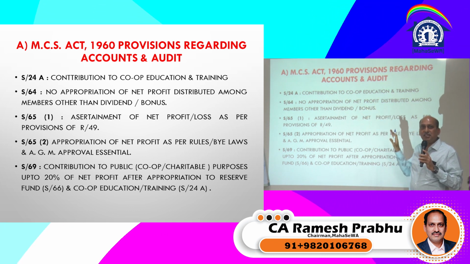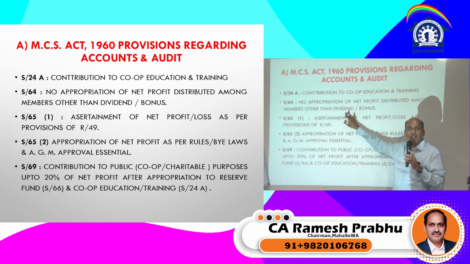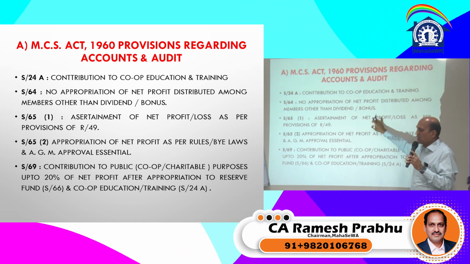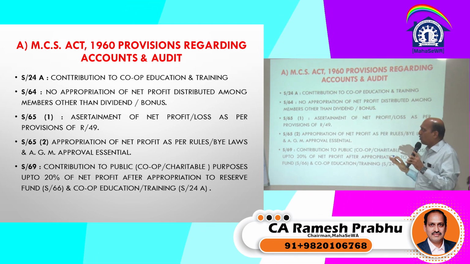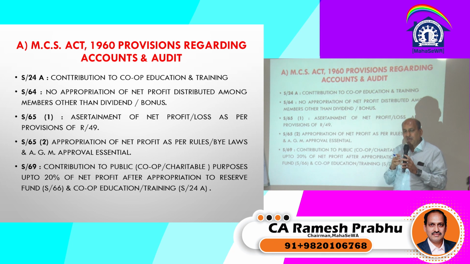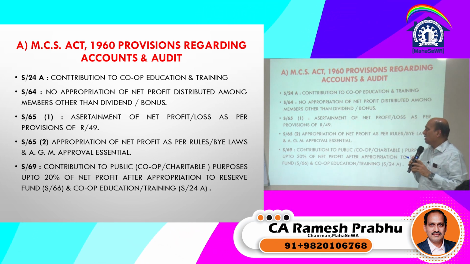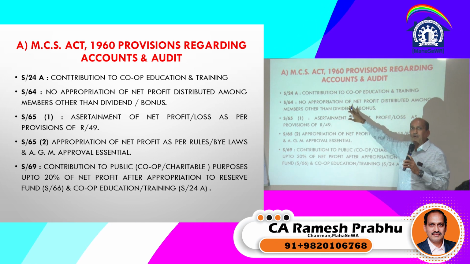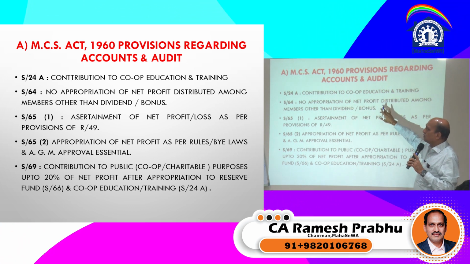If the dividend has to be distributed, that has to be done in the general body. If the bonus has to be given, it has to be given in the general body. So without the general body resolution, that cannot be done. We may come across situations where the managing committee or the board of directors make this type of decision. Yes, they can make the recommendation, but the final approval has to be in the general body.